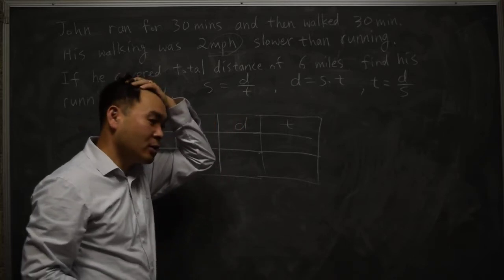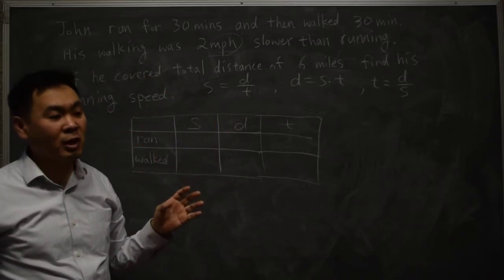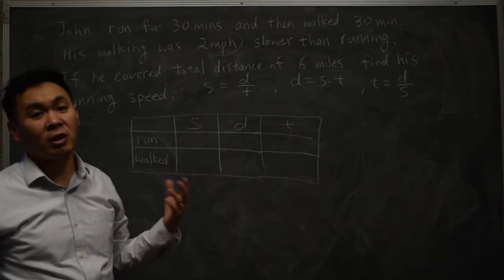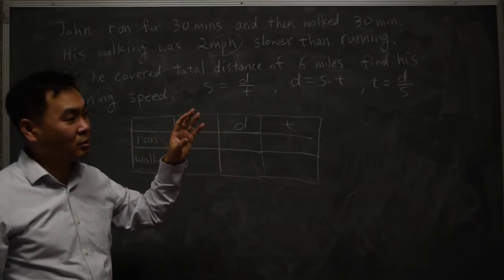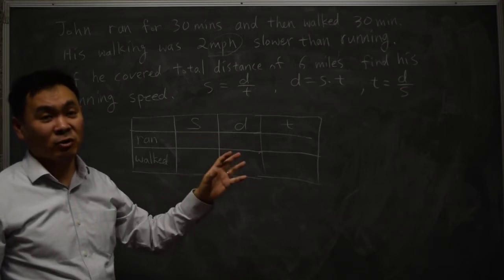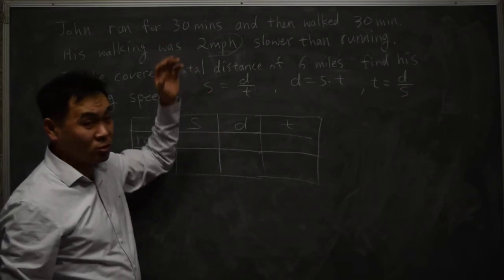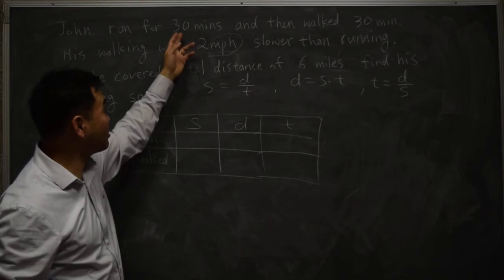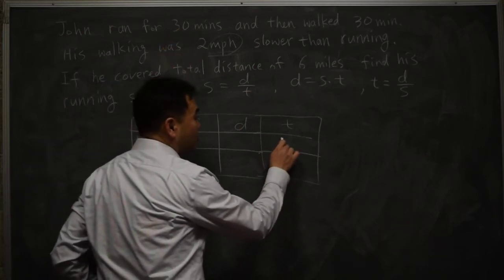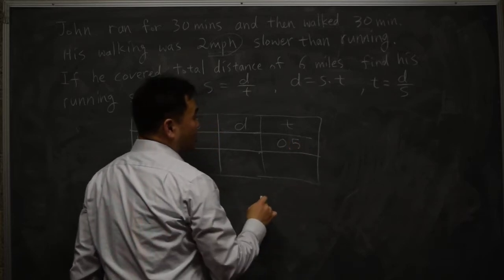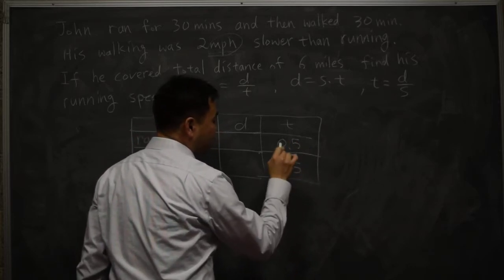In other words, there are a few word problems that have units mixed up. In that case, before you do anything, make sure that units match. You have to convert them so that the units match. I should have done it before. So 30 minutes should be half an hour, right? So that's 0.5 hours and 0.5 hours here.